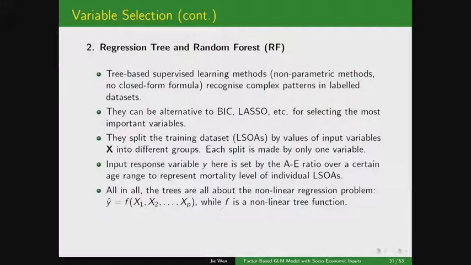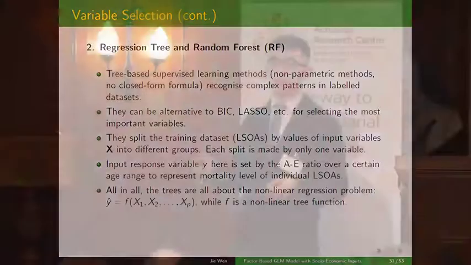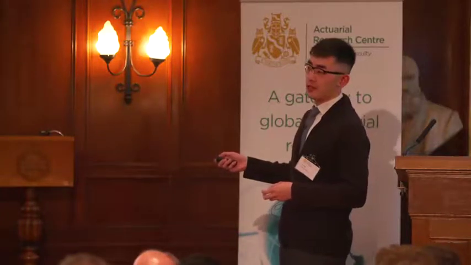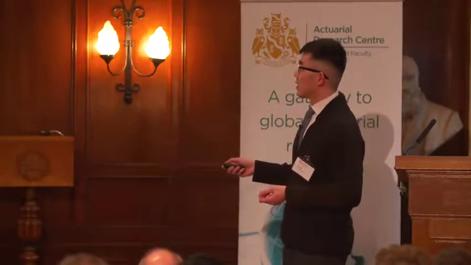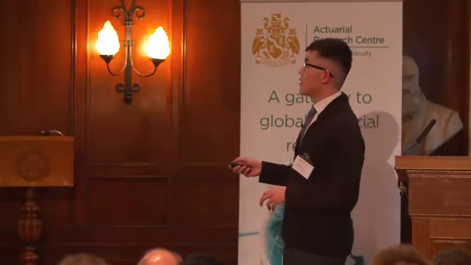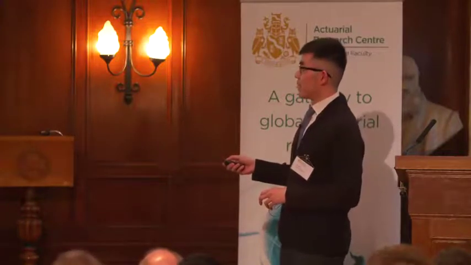And the way they work is they split the training data. Before getting into forest, we have to start with trees, because a forest is made up of individual trees. The regression trees split the data set, which are the LSOAs, by values of input variables, which are just the socio-economic factors, into different groups. Each split is made by only one variable.